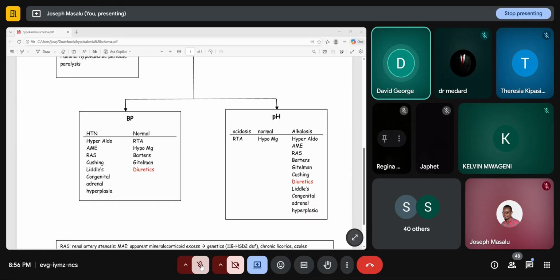So RTA could come in this patient, but did they go into the details to talk about the type of RTA? Because there is proximal, there is distal, and if you talk in terms of types, there are about 1 to 4. Did they specify the kind of RTA in this patient?